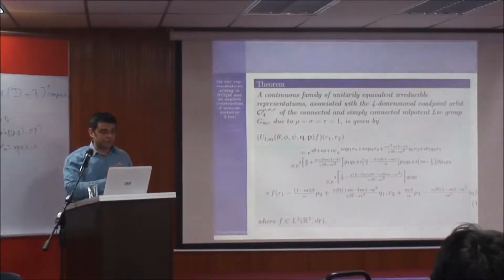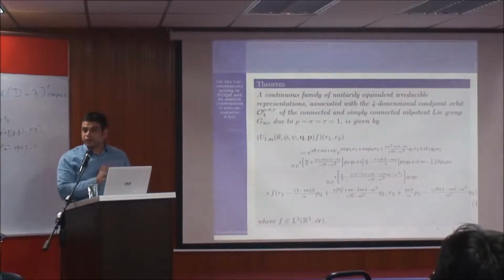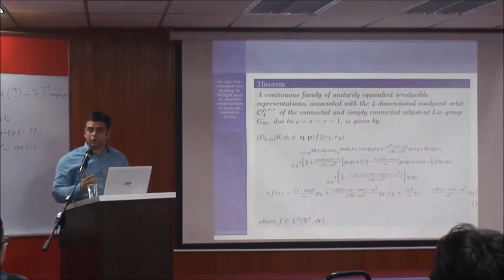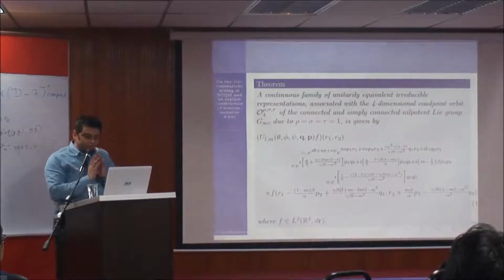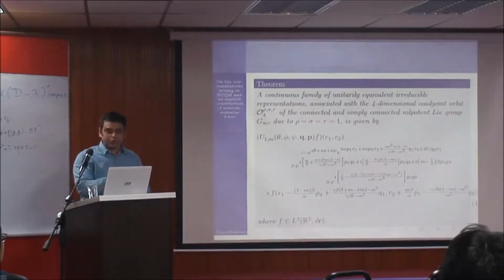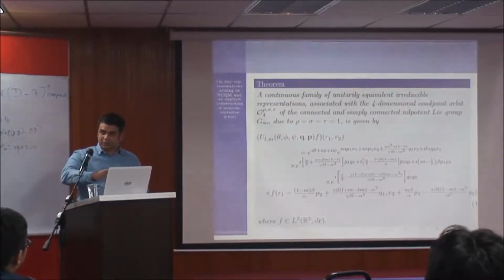We are no longer dealing with the unitarily inequivalent representations that we computed using the method of orbits. Now we restrict ourselves to a certain quadrant of orbits associated with rho equal to sigma equal to tau equal to 1, which means we are in one quadrant orbit.